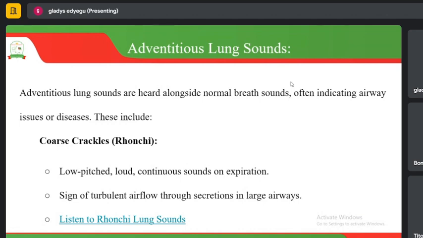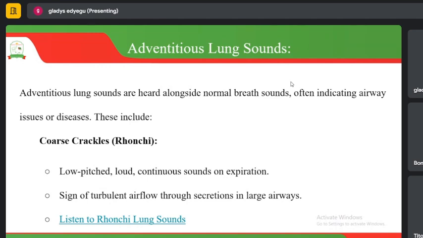This is not a normal thing that a human being should have when breathing in. Then also the sign of turbulent airflow through the secretions in the large airway can give you that kind of coarse crackles. When you hear this, you can gauge that this is not normal and this patient may need an intervention.